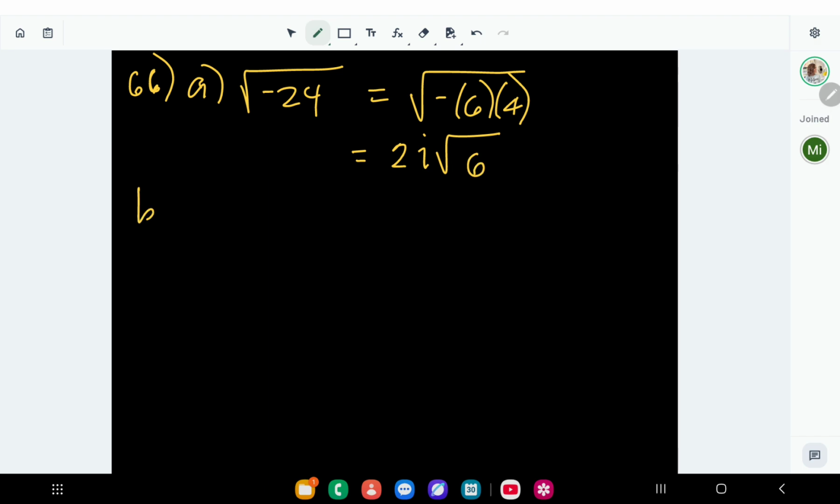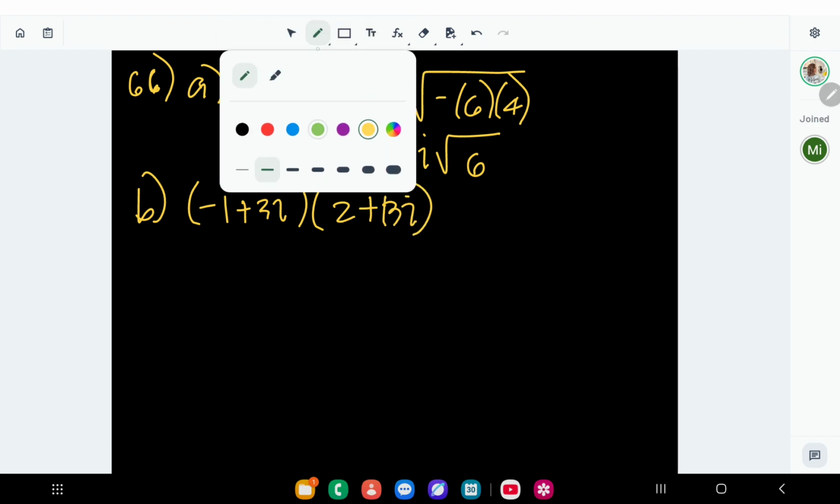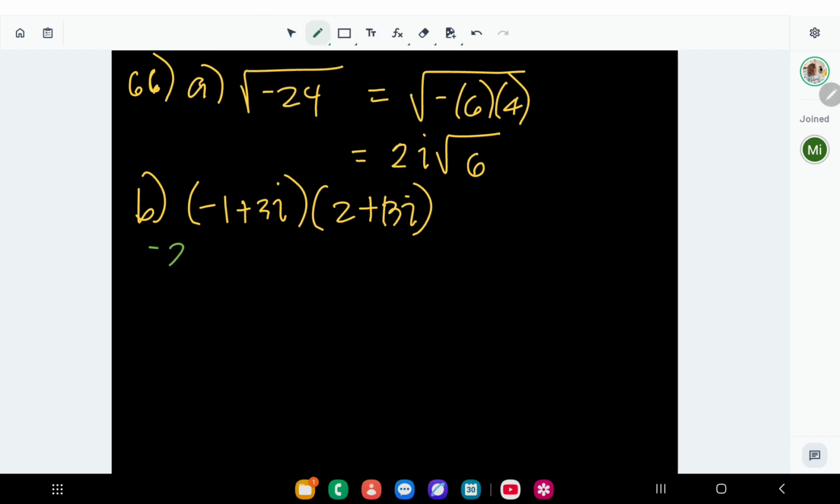Then for letter B, you FOIL that. Negative 1 plus 3i times 2 plus 13i. Negative 2 plus 6i minus 13i plus 39i squared. What is 13 times 3? 39i squared.